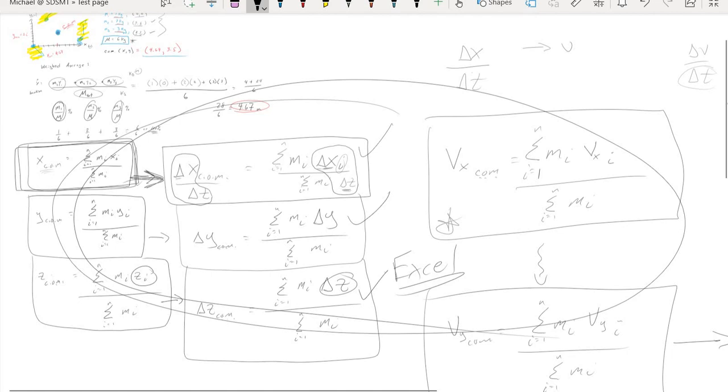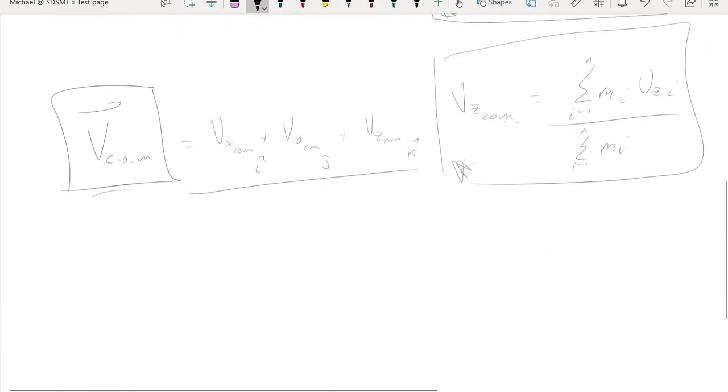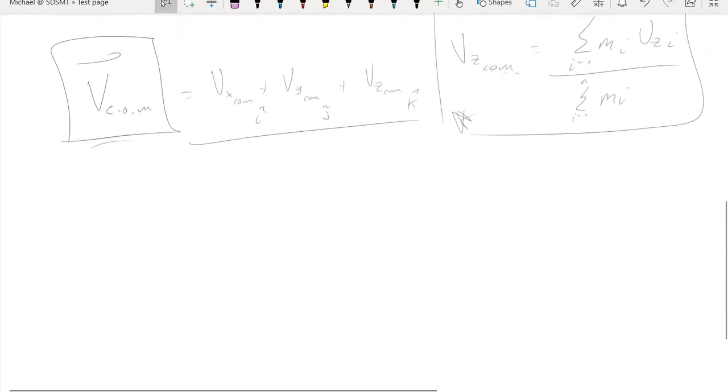That's the real power behind these expressions. We want to take systems that have hundreds of thousands, if not millions and billions of particles. We want to let the computer condense all of that into a single equivalent mass that moves around with these terms that we're calling center of mass location, center of mass velocity, center of mass acceleration.